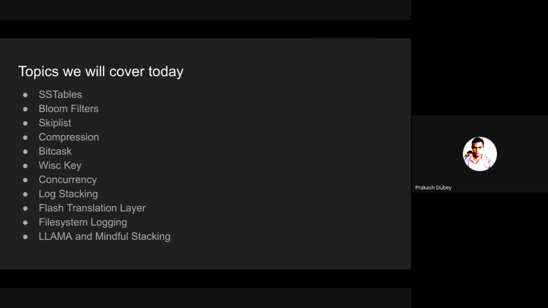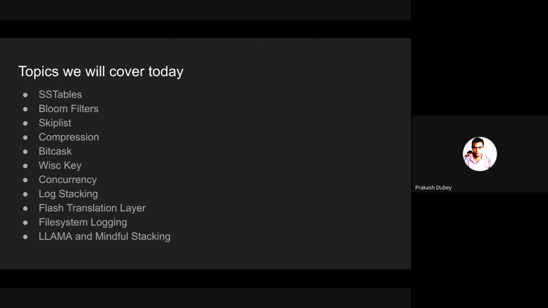Then we'll move to Bitcask and WiscKey, which are ordered. Till now, we have discussed the unordered one; we'll discuss the ordered one. Then we'll discuss concurrency and log stacking.